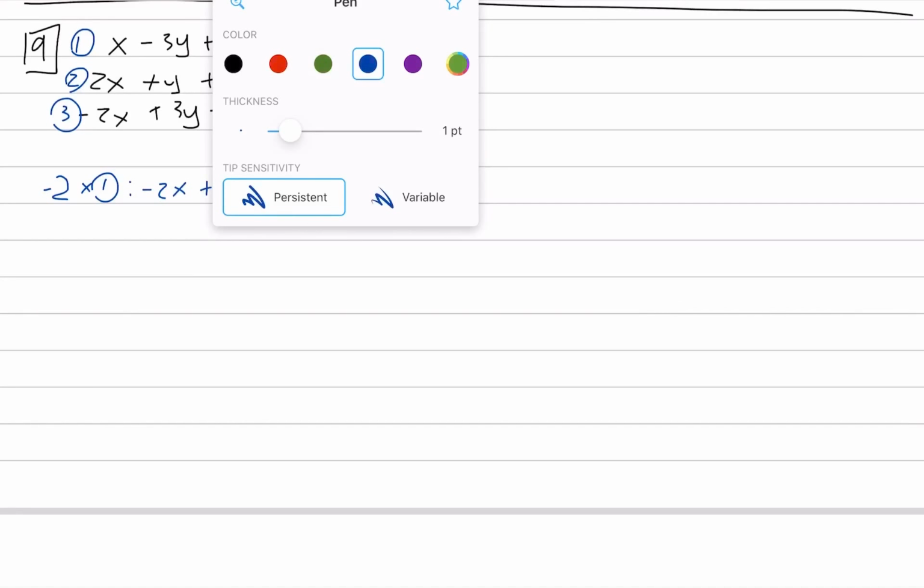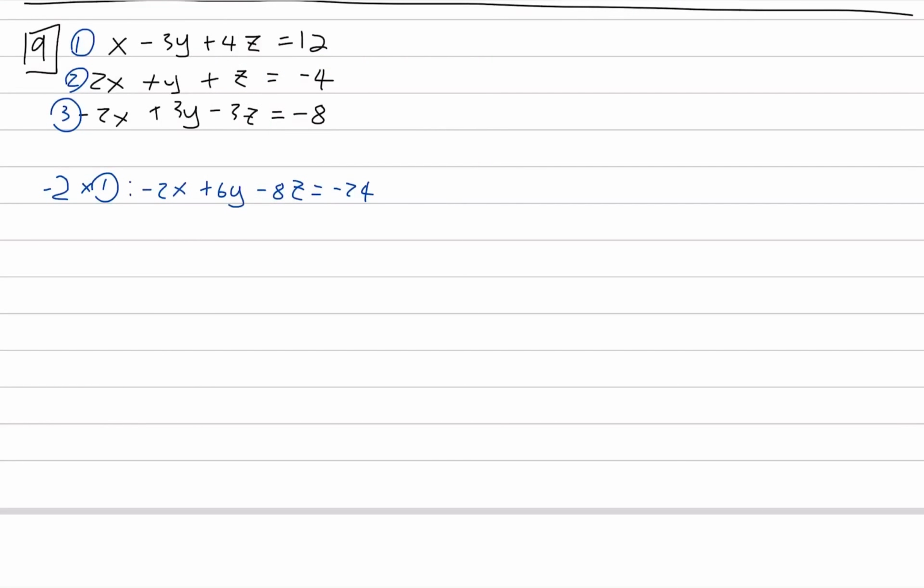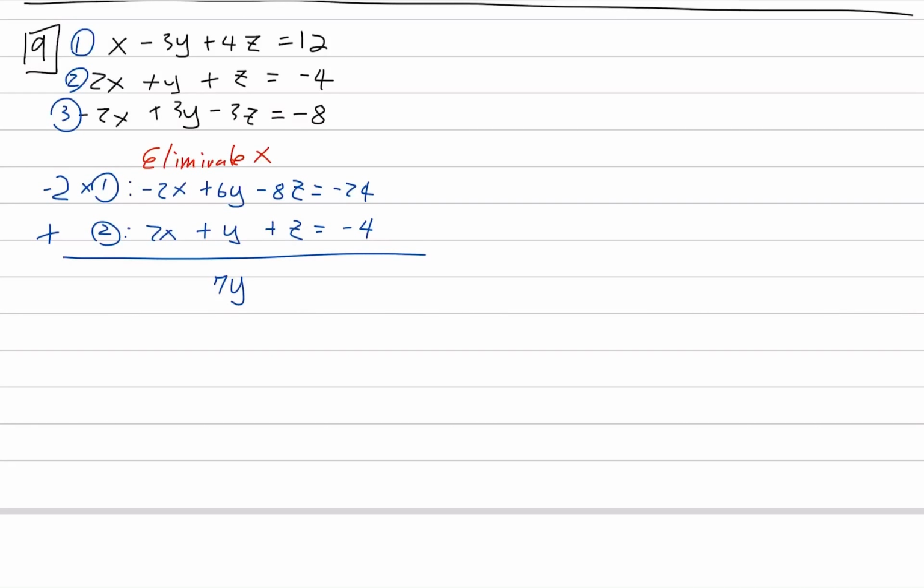Oops, I forgot to write one thing. I'm going to eliminate x. Then the second equation, I have 2x plus y plus z equals -4. So let's add. I get 7y minus 7z equals -28.